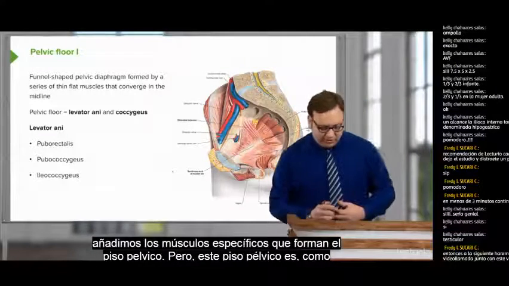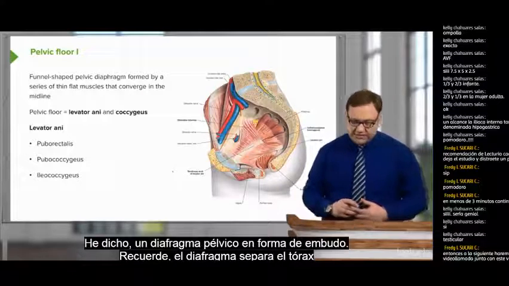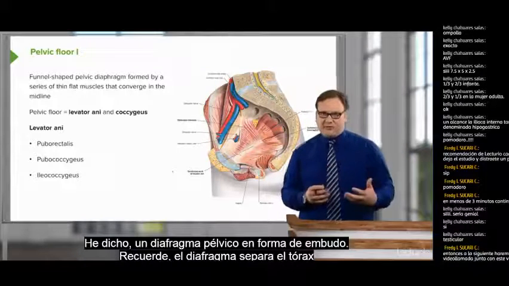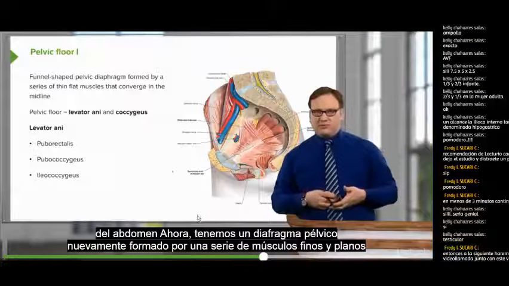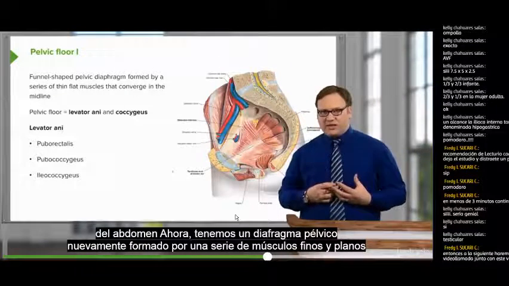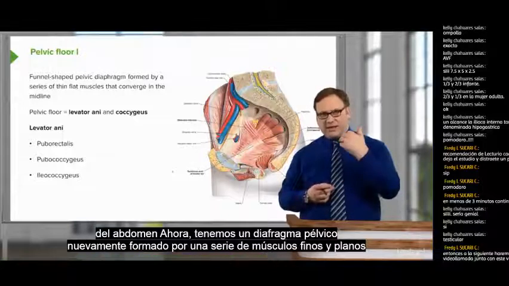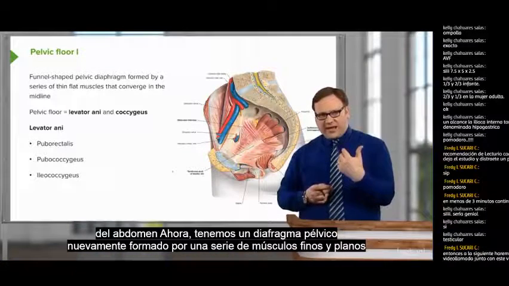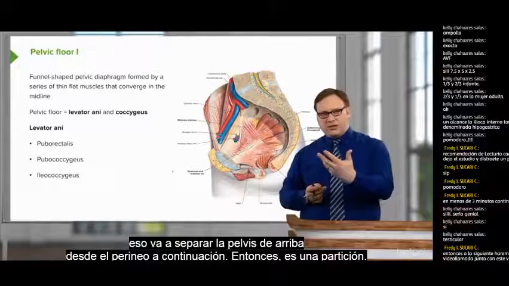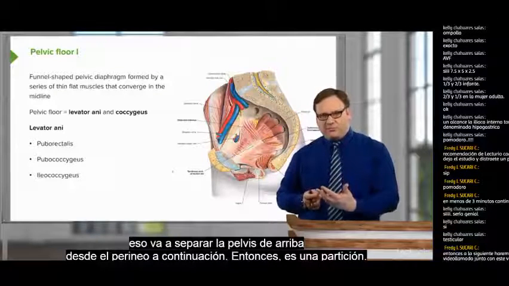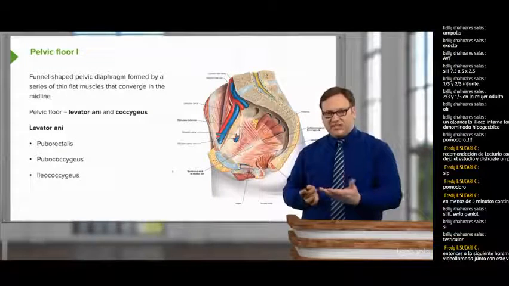But this pelvic floor is, like I've said, a funnel-shaped pelvic diaphragm. Remember, the diaphragm separates the thorax from the abdomen. Now we have a pelvic diaphragm, again formed by a series of thin, flat muscles that's going to separate the pelvis above from the perineum below. So it's a partition.